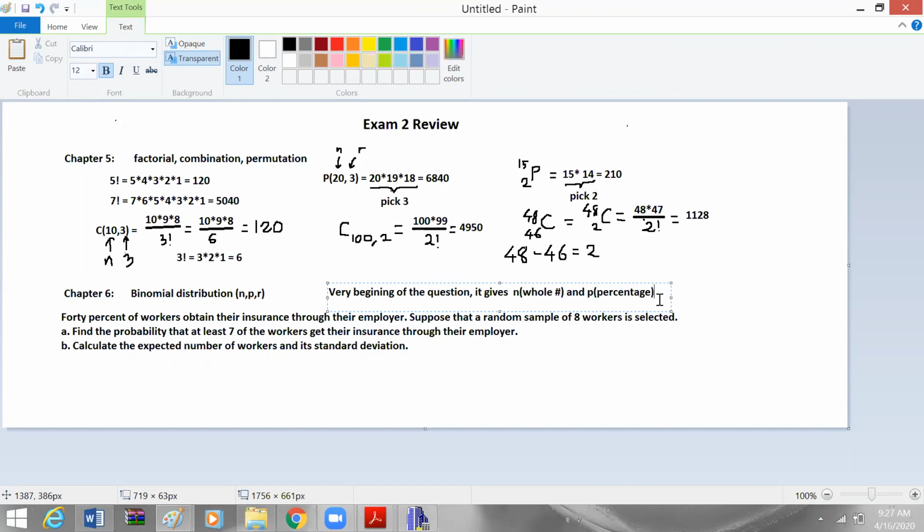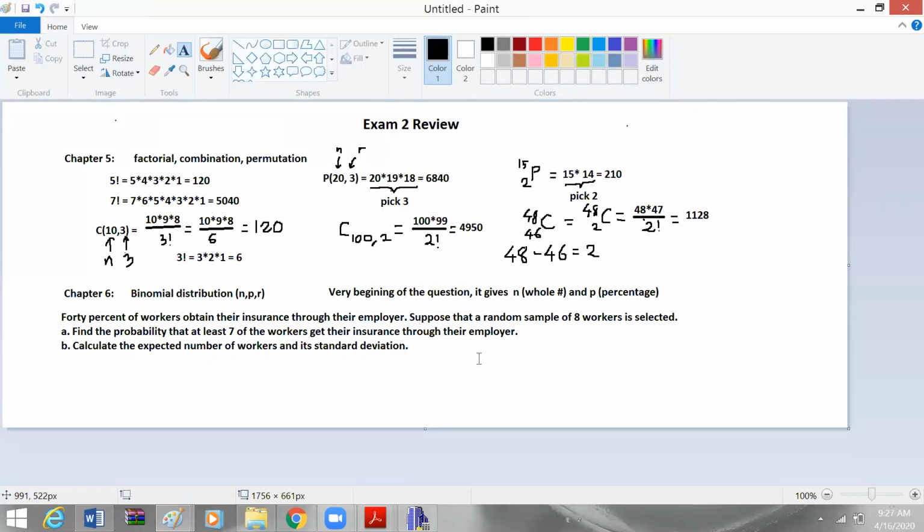The question very likely gives us a percentage. Then of course the question will ask us what the probability is, and you need to figure that out.